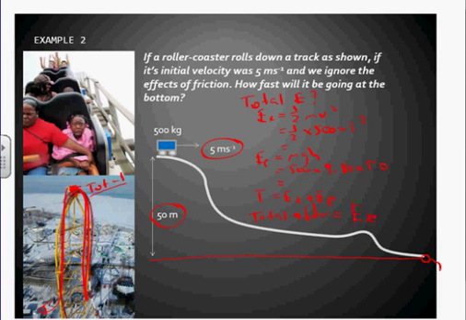We work out the total before, which is EK plus EP, and afterwards it's all gone to kinetic energy. So then you just find your total value and make it equal to half times 500 times v squared, and solve for v to find your final velocity.